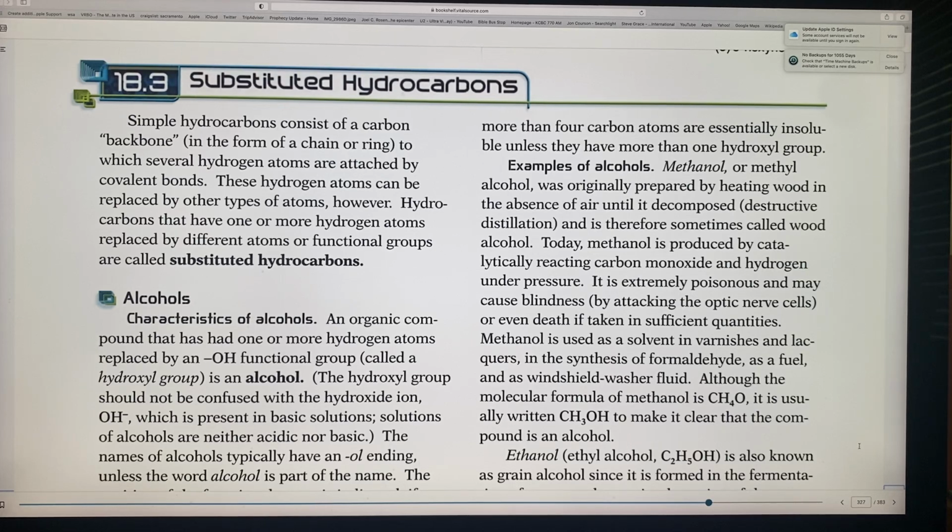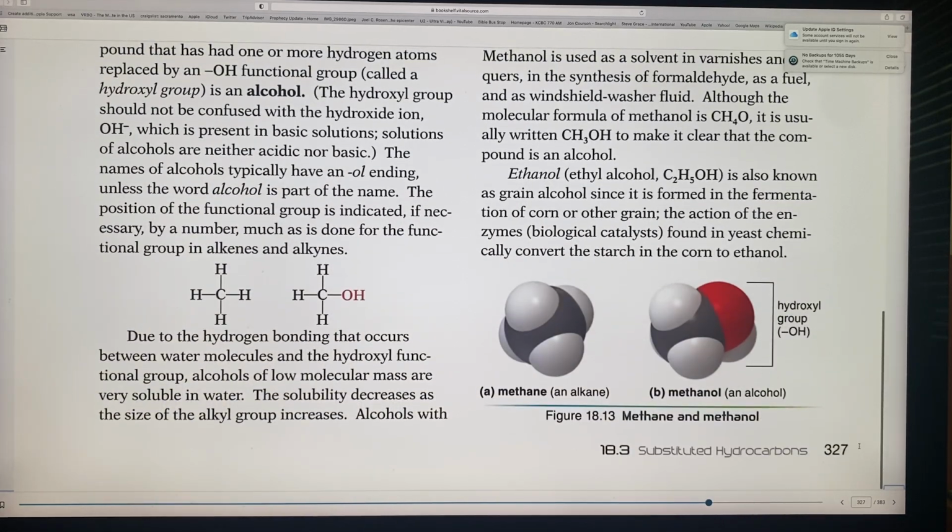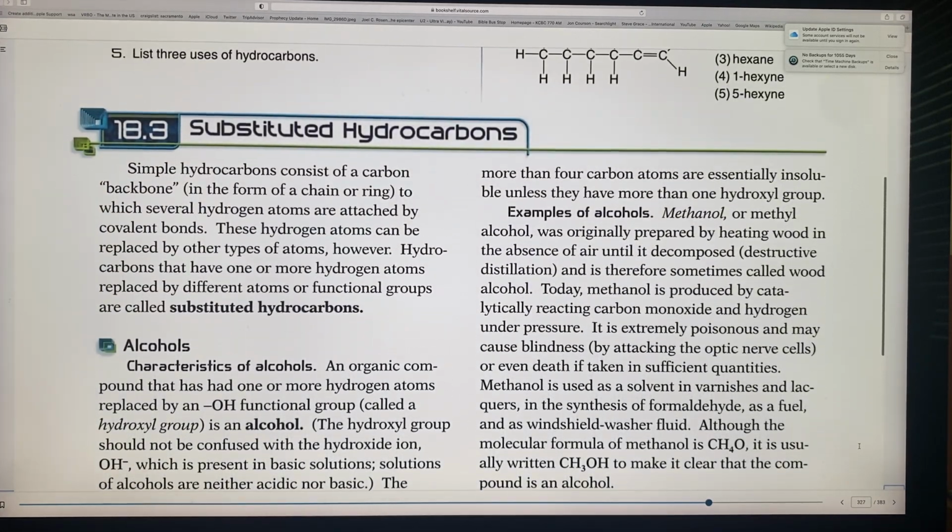Alcohols that have more than 4 carbon atoms are essentially insoluble. So basically, alcohols usually will dissolve, but the more carbons they have, the less likely they are to dissolve in water. So let's go over to the examples of alcohol type hydrocarbons.